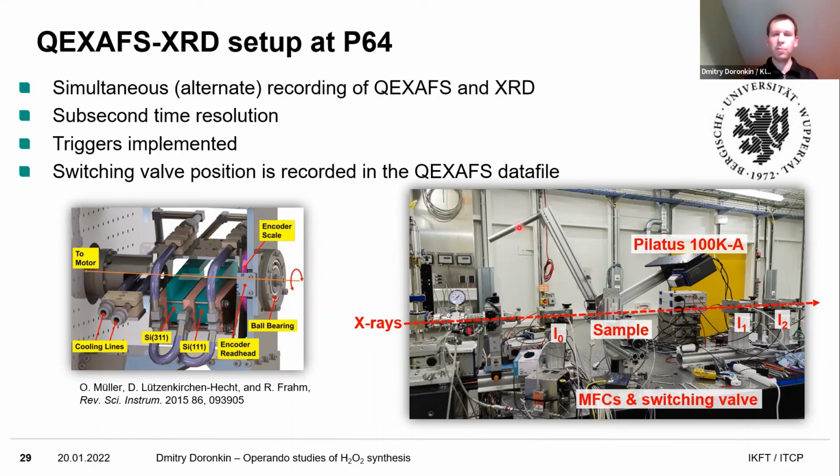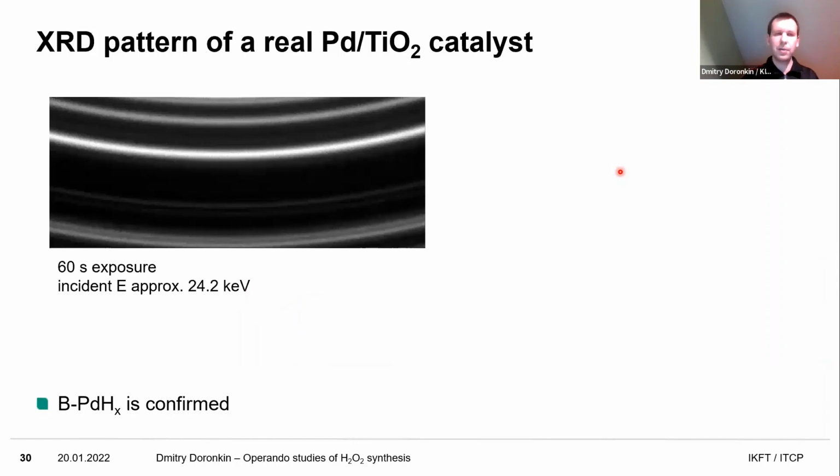Both XAS and XRD can be measured with sub-second time resolution. We have triggers, and we can record also metadata with the quick XAS data, so we know exactly which gas passes through the cell at what time and exactly when it started.